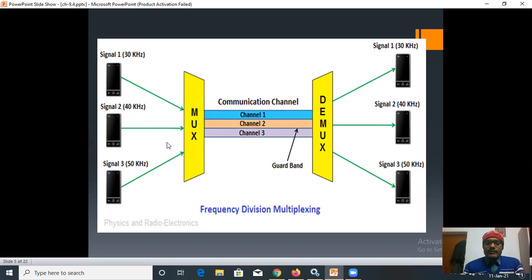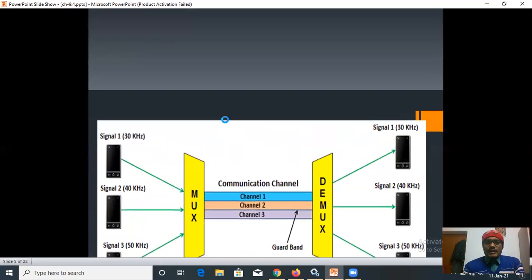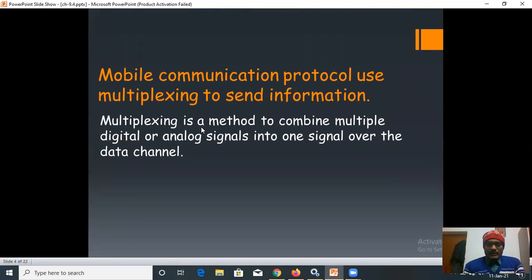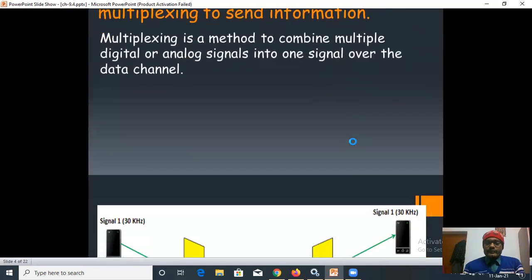Okay, so this is the device which is receiving signals from many devices, and all the signals are combined into one signal. As you can see here, multiplexing is a method to combine multiple digital or analog signals into one signal. So multiple signals are converted into one signal over the data channel.